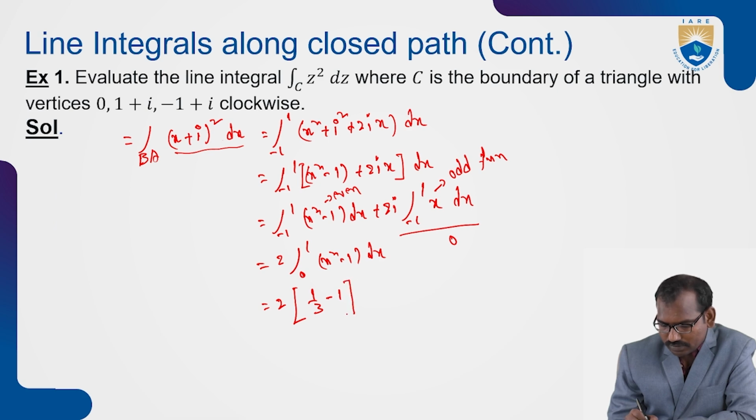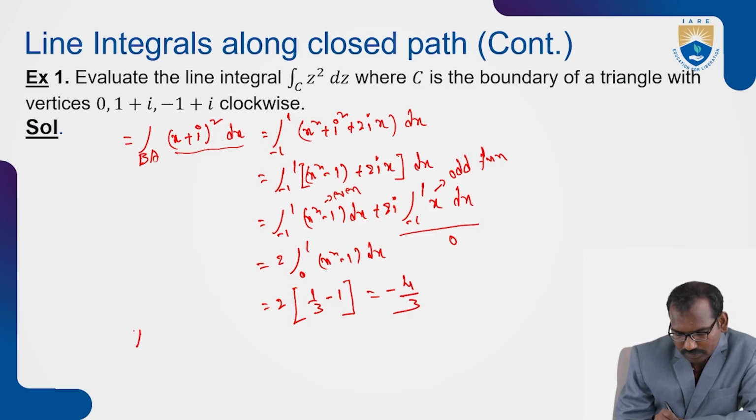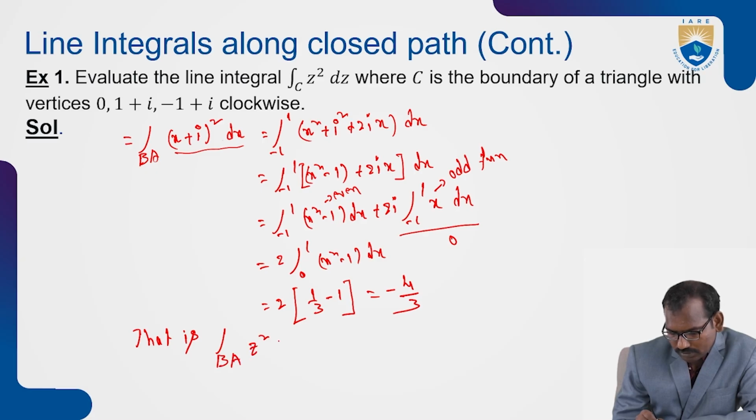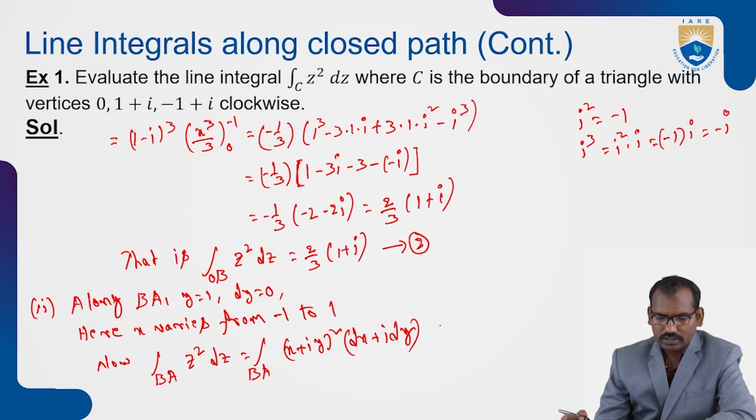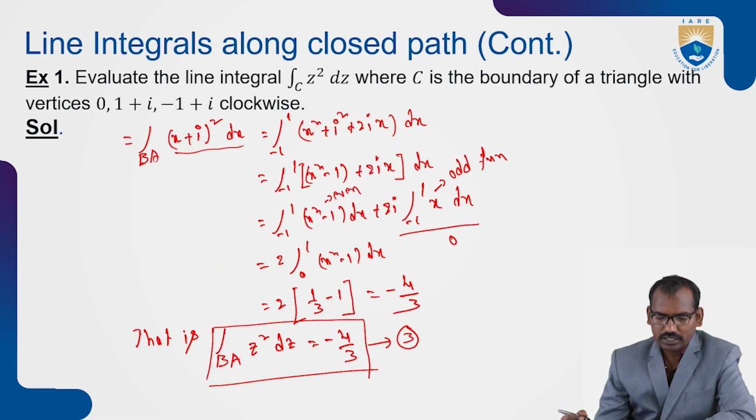Now you are having minus 4 by 3. So integration along BA of z square dz is minus 4 by 3. This is equation number 3. Previously we gave equation 2 and this is equation number 3.